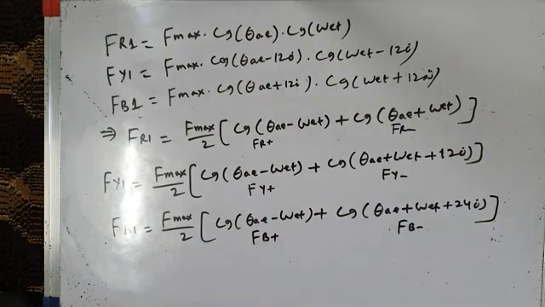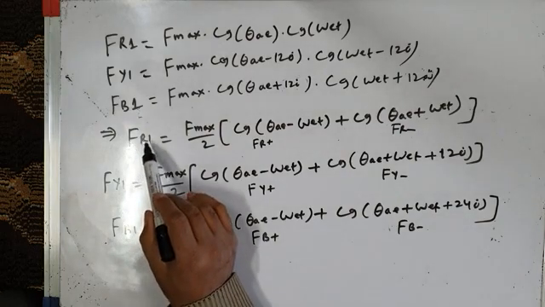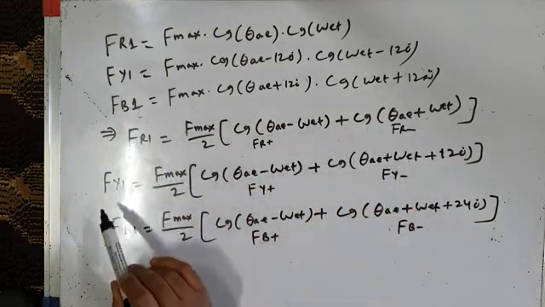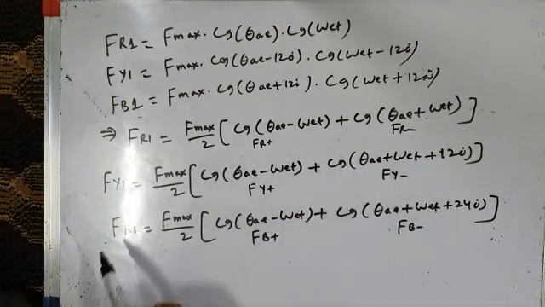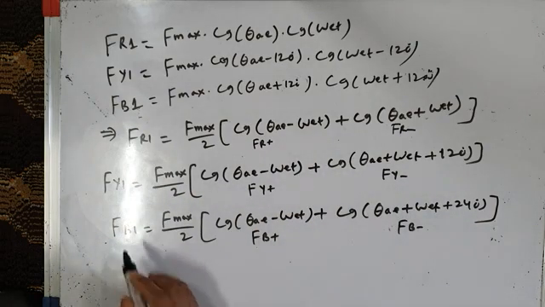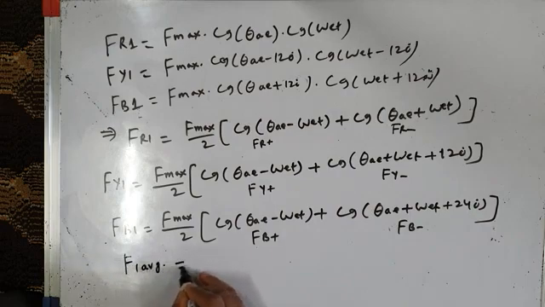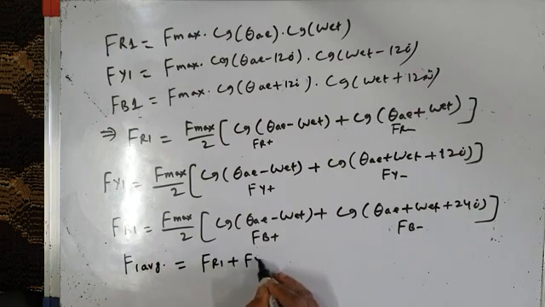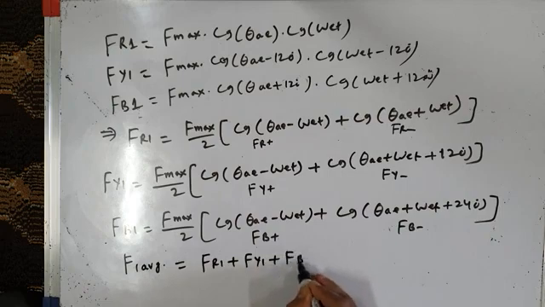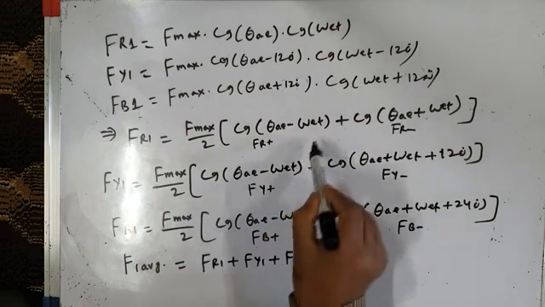Right? Fine. So what is the total magnetic field? The total magnetic field in the induction motor is the fundamental MMF produced by the R phase winding plus the fundamental MMF produced by the Y phase winding plus the fundamental MMF produced by the B phase winding. So I can write F1 average is equal to FR1 plus FY1 plus FB1.